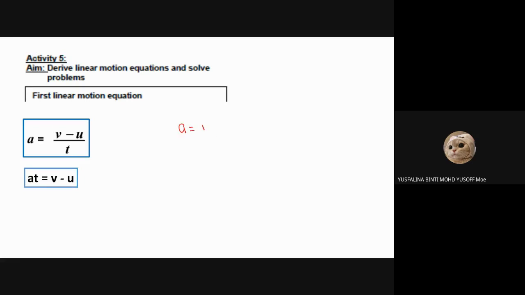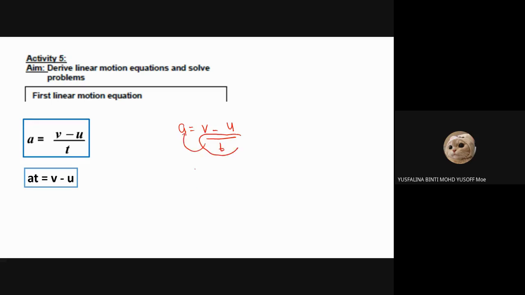First, you have to know how to derive the equations of motion. So we have to learn about the equations of motion. The first one is A equals V minus U divided by T. This one we already learned. So how do we form the first linear equation? A is V minus U divided by T. Then this T, I move to this side.